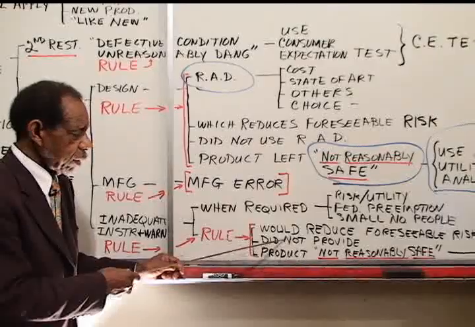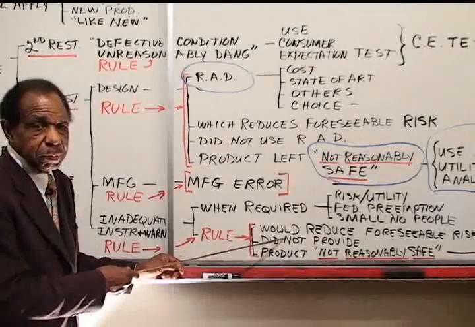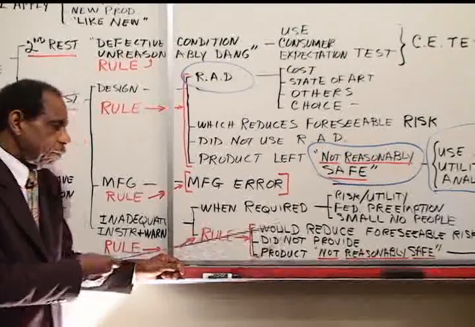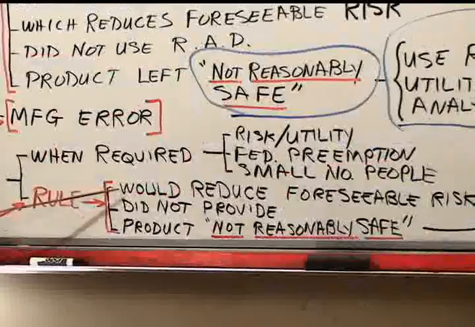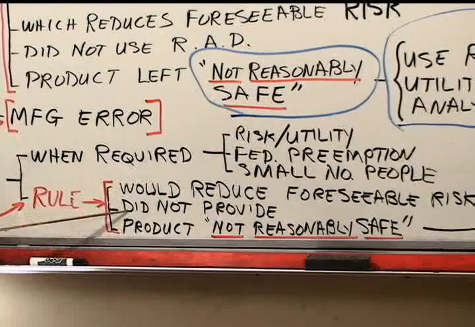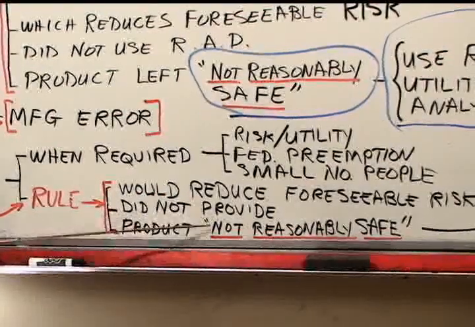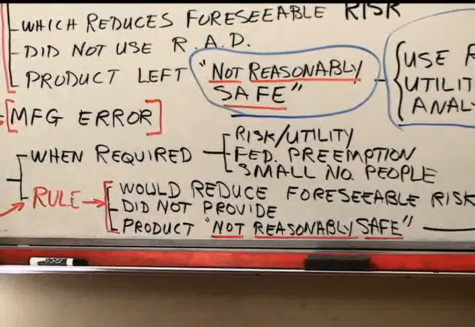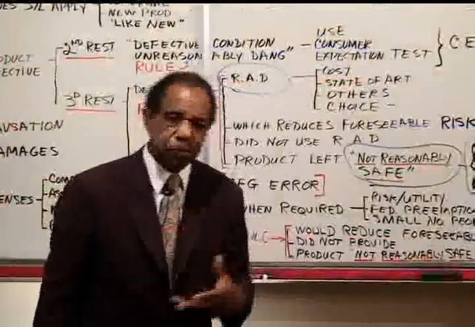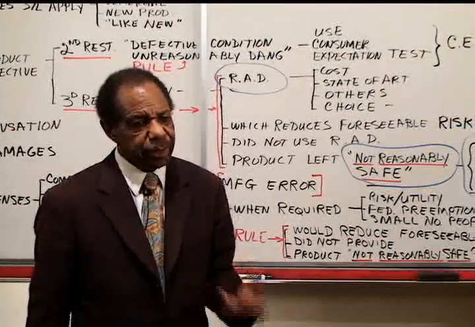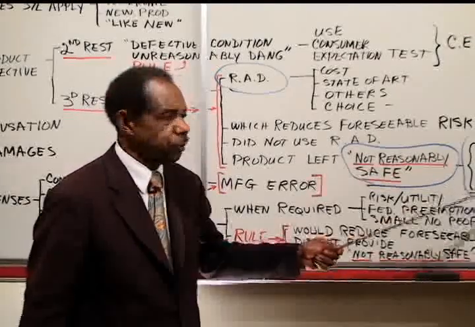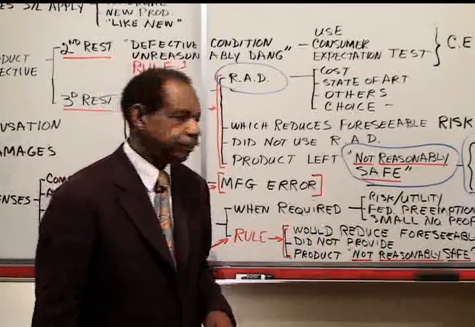And the company didn't put better instructions or warnings, which would have reduced the risk. They didn't do it. Did they leave the product not reasonably safe? Well, yeah. I think leaving this product with those warnings on that blade is not reasonably safe, and you use the risk utility analysis to prove that.